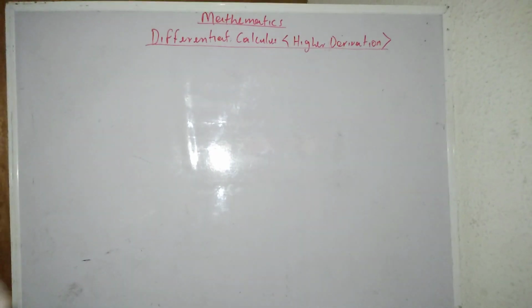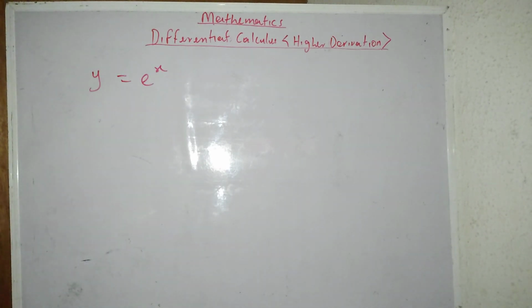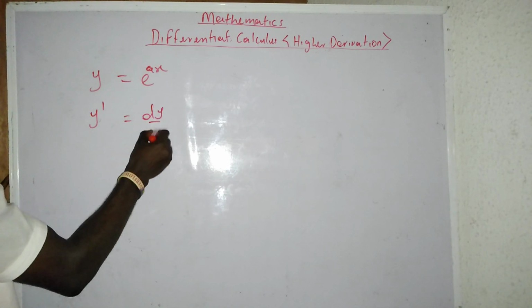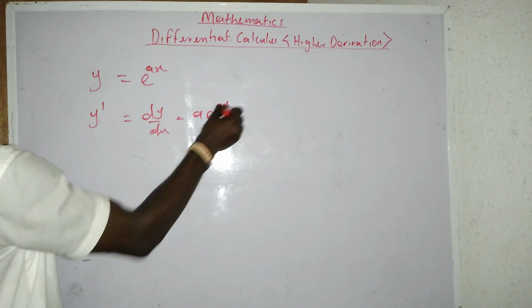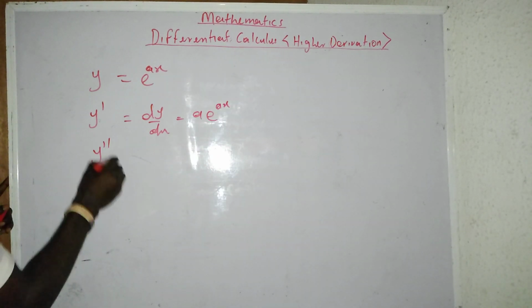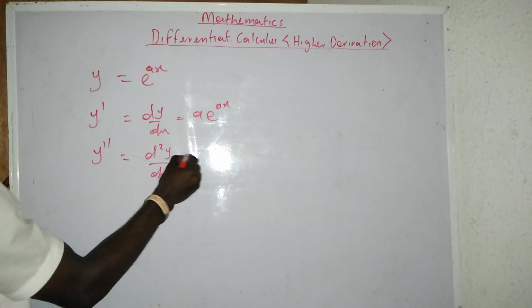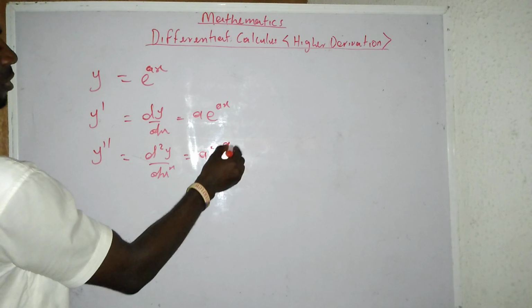And don't forget that the derivative of e to the x always remains the same, except if I have a constant, something like this, e to the a x. If I have y prime of this, which can also be written as dy/dx, it will be a e to the a x. Now, the second derivative of this will be d squared y, a squared e raised to the power a x.